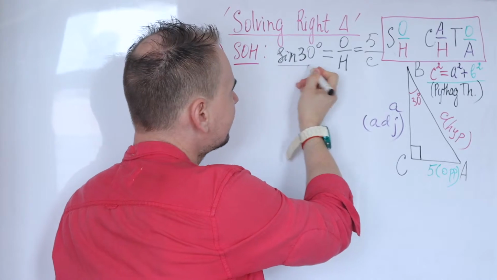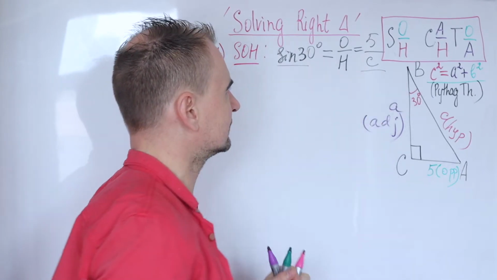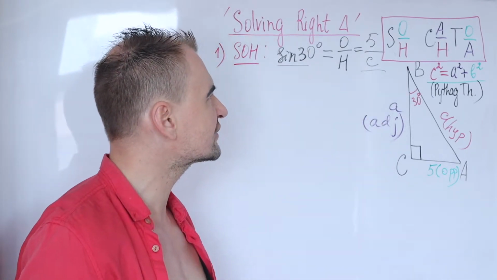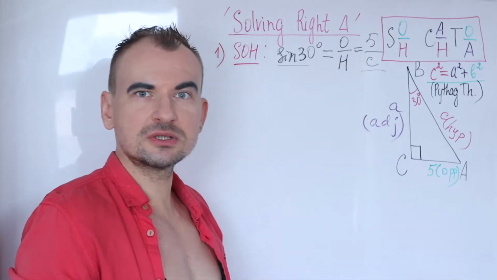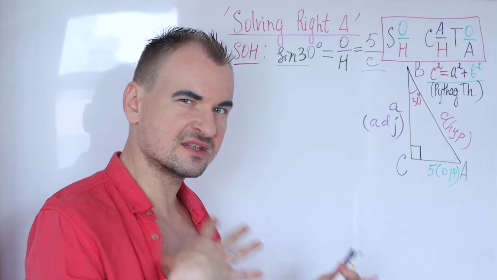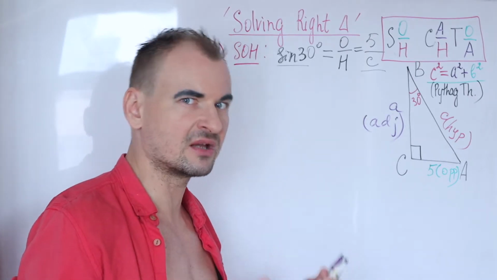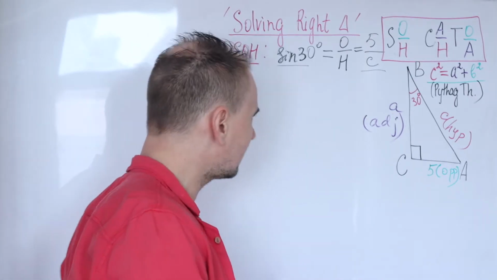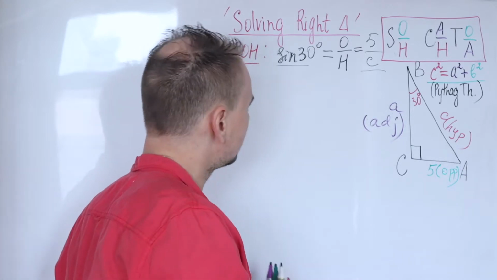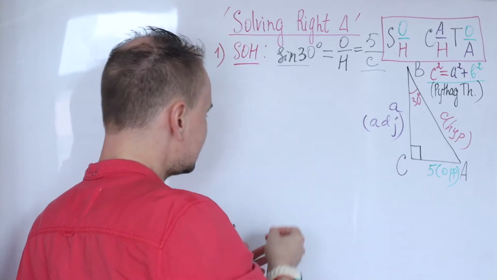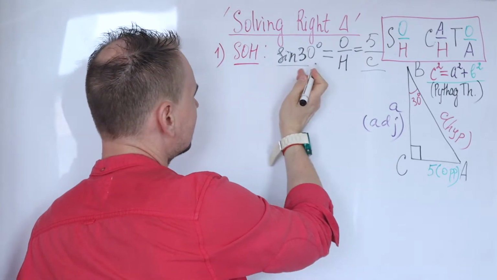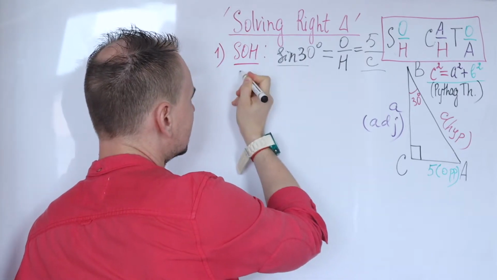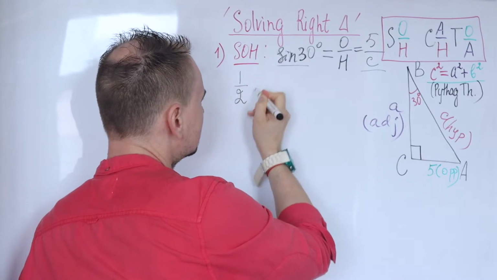Now we have this little equation: sine 30 degrees equals 5 over c. All you need to do is solve it for c. Yes, there's algebra involved here, but that's all about math. Sine 30 degrees is just 1 over 2.